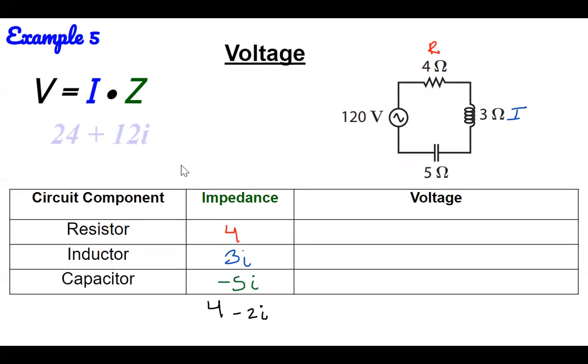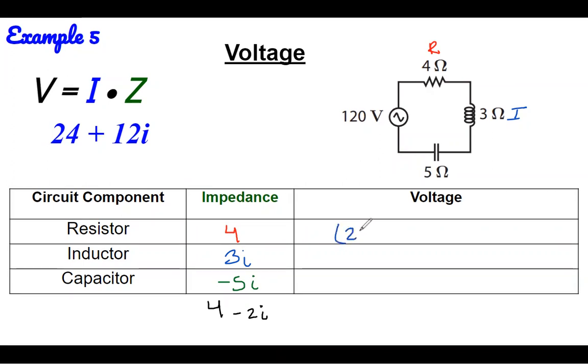We're going to be given the current of 24 plus 12I. That's just an example. It can be anything that's given to us, but in this case, let's say we have this. So for my resistor, I have 24 plus 12I, and I'm going to multiply it by its value, 4.